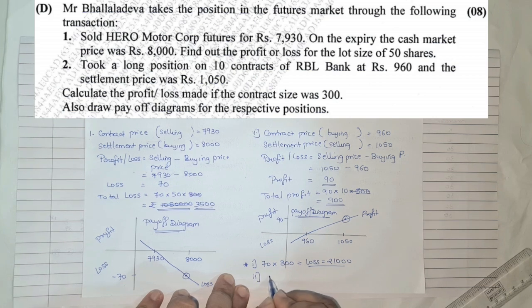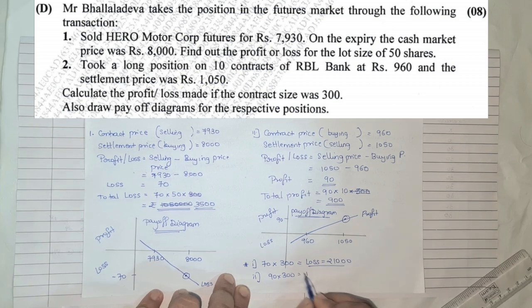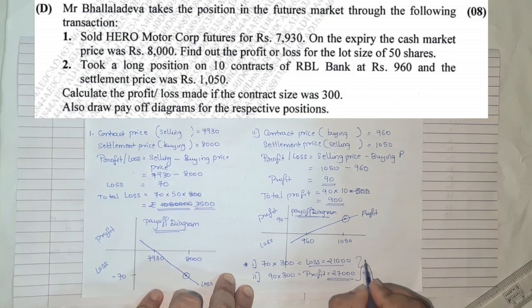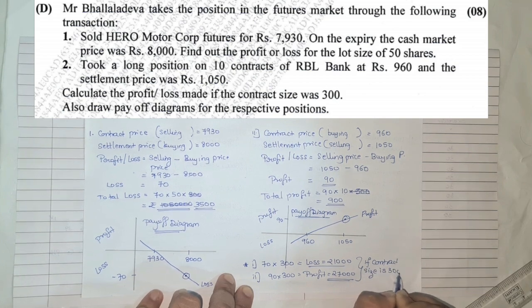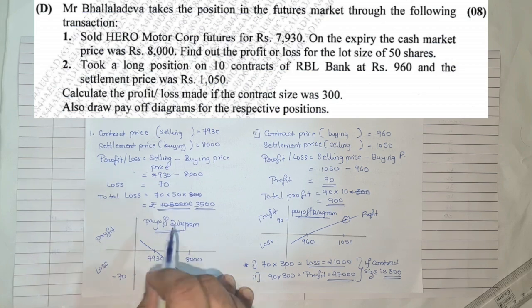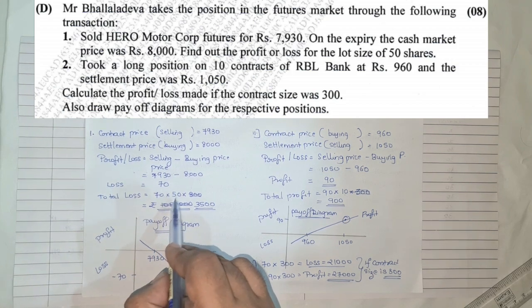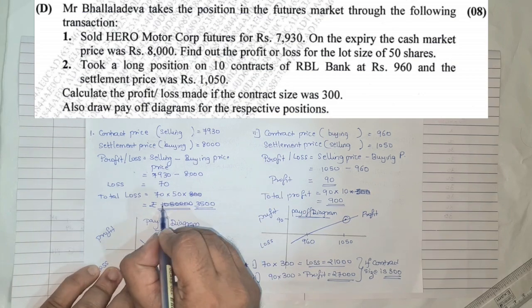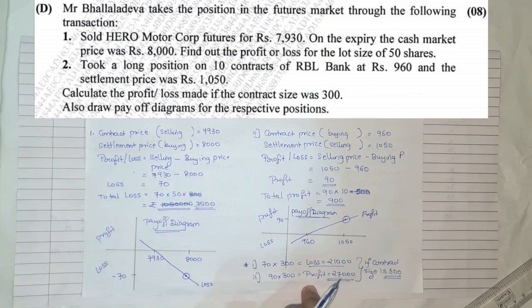And for the second case, it would have been 90 into 300. So that would have been a profit of 27,000. Okay, this is if contract size is 300. So first one we took only on 50, second on 10, that is on the respective values that they had given, and thereafter we have taken separately the 300 part.